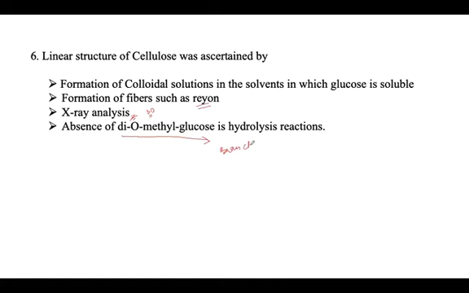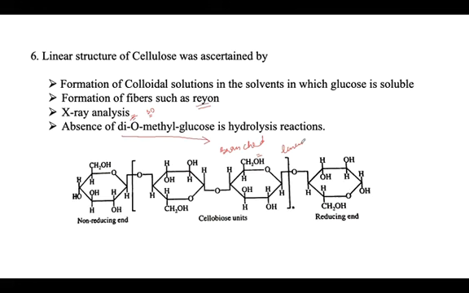But since no disubstituted product has been obtained, we say that the molecule is not branched, it is a linear shape. So based on these experiments, we say that the structure of cellulose is like this. In this, as we discussed, that is the non-reducing end.